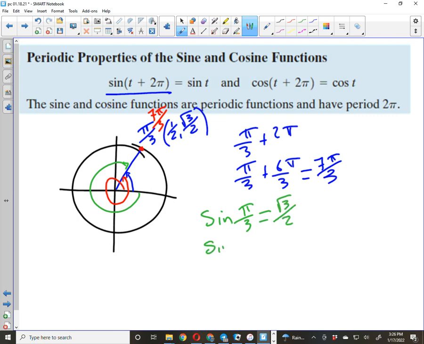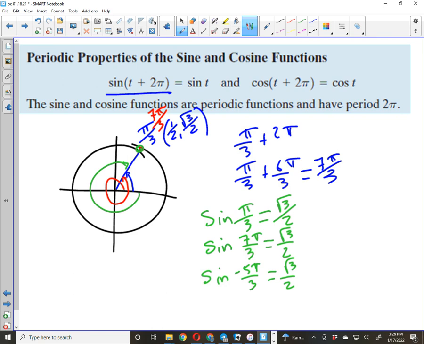The sine of 7 pi over 3 is equal to root 3 over 2. It's the y value still, right? We can go around the other way, and that would be the sine of negative 5 pi over 3. That would also be root 3 over 2. So those all start and end in the same place. They're coterminal angles is another way of looking at it. But it's the periodic function is what we're going to call it.